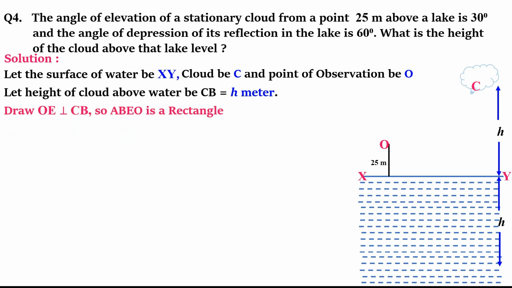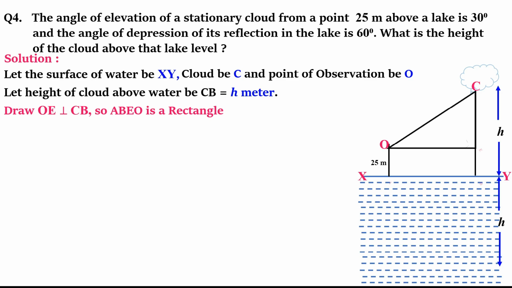Now let's start. To draw the angle of elevation, we need a horizontal line. We need a horizontal line to make the angle of elevation. So the first thing we will do is draw OE perpendicular to CB. But when I do this, I am actually creating a rectangle.